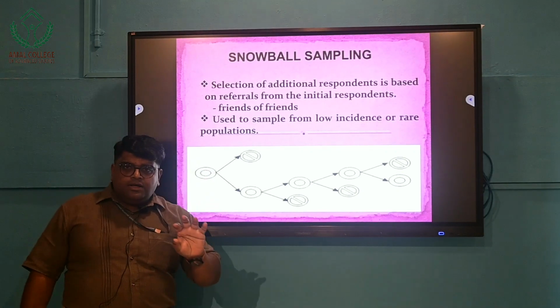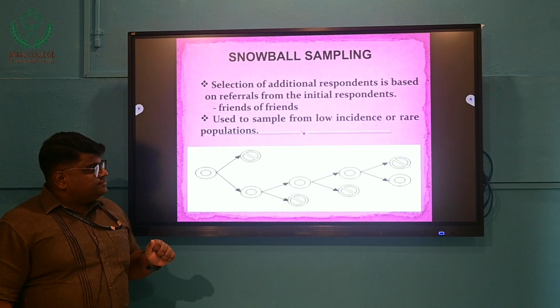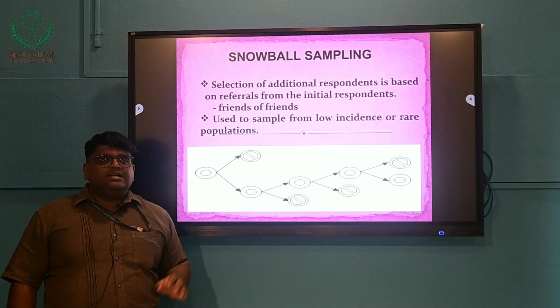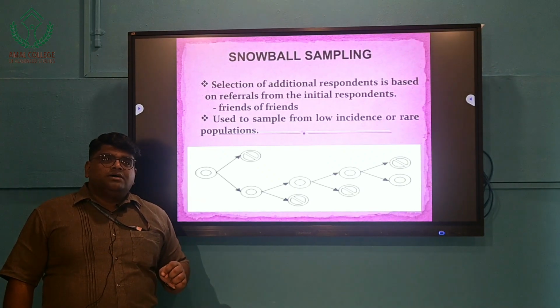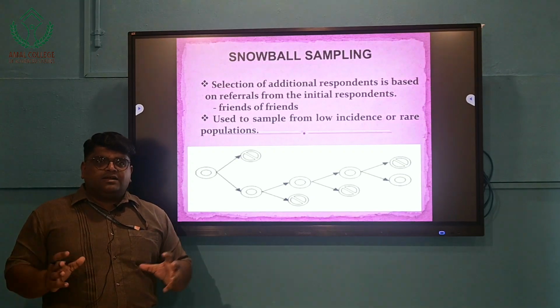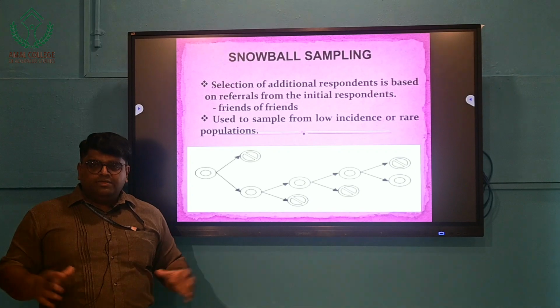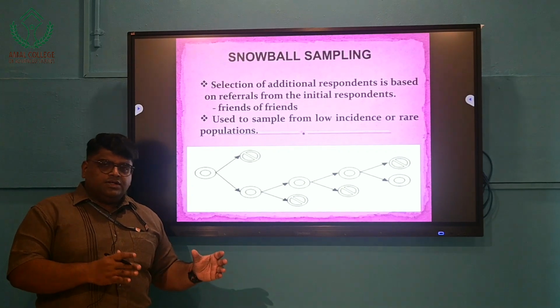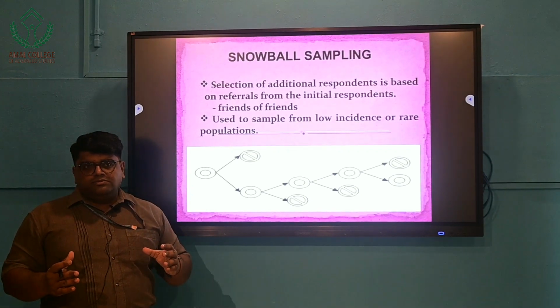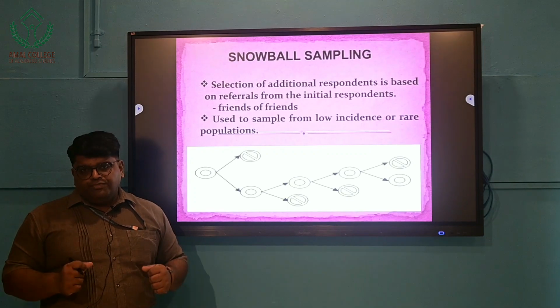Now, for example, about snowball sampling, suppose a researcher wants to study the economic status of NRI people in Malappuram district after this Nitaqat issue, right?